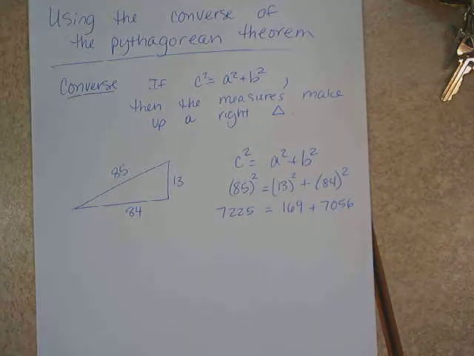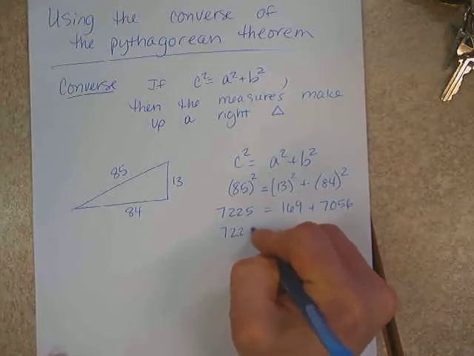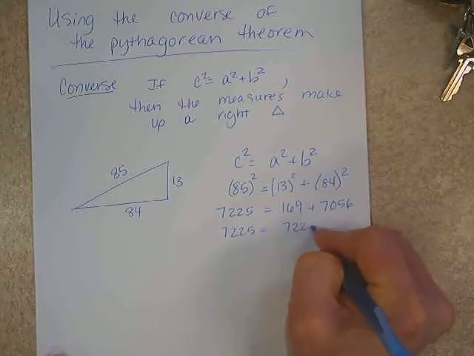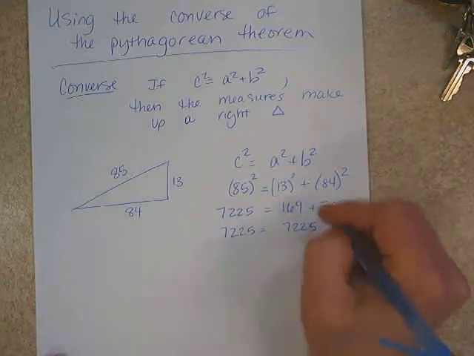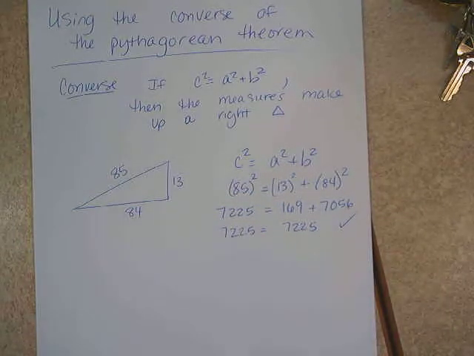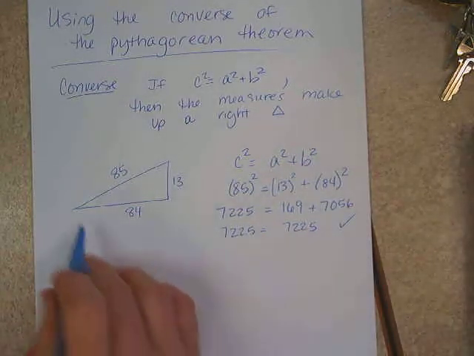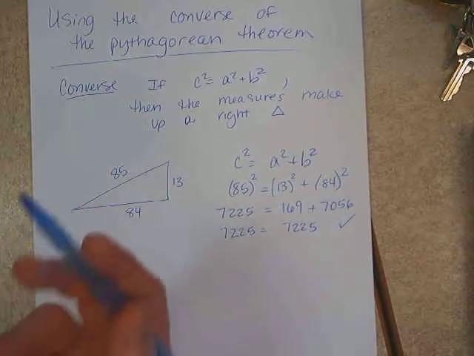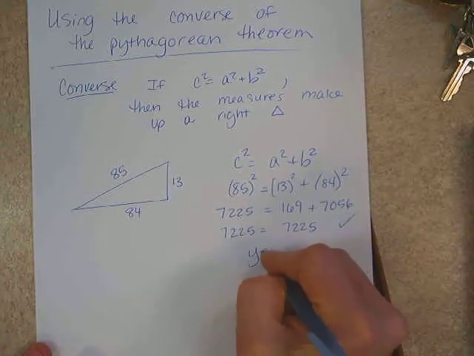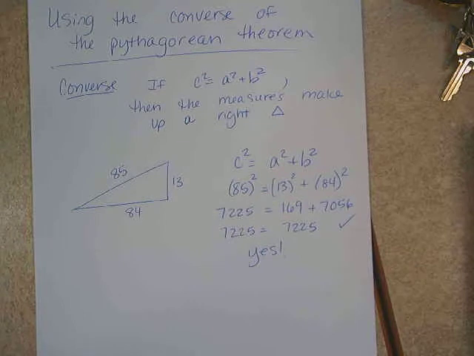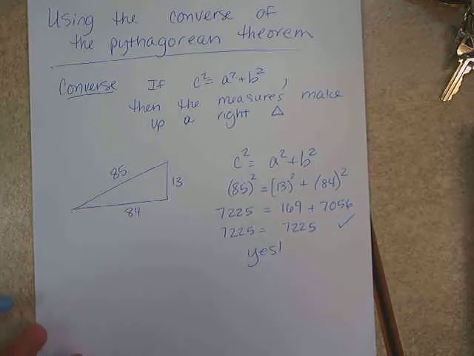So if you add those two, we get 7225 equals 7225. So the question is, is this really a right triangle? And the answer is yes, it is a right triangle because it fits the Pythagorean Theorem.